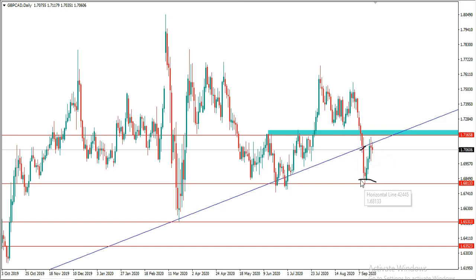Price found support at this point and is retesting the broken trend line support as new resistance. Now remember that we expected that the price will make it to this double top neckline right here, but as it is now, we already have a retest of the broken trend line support as resistance.